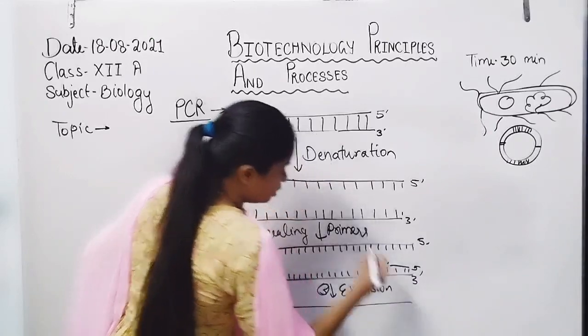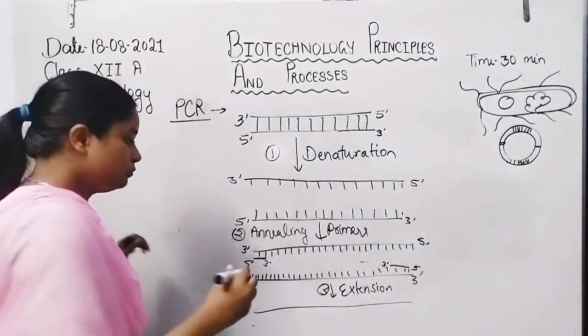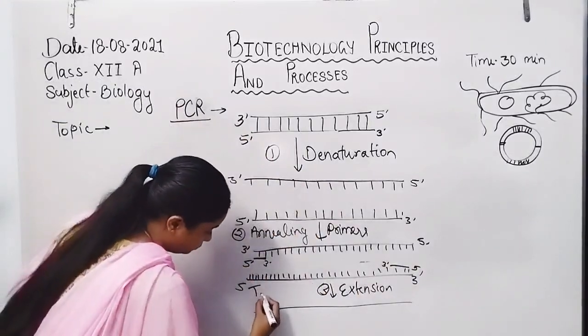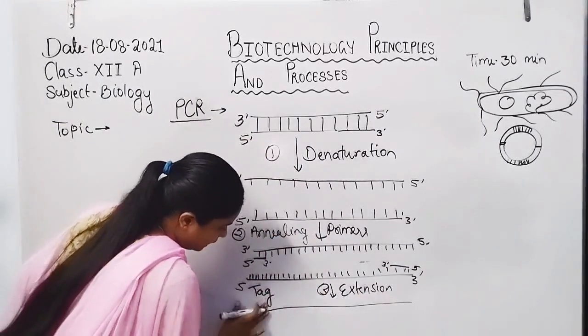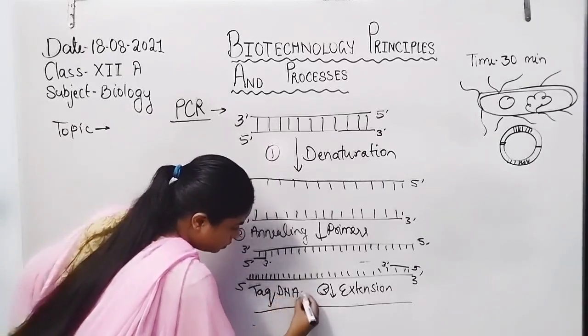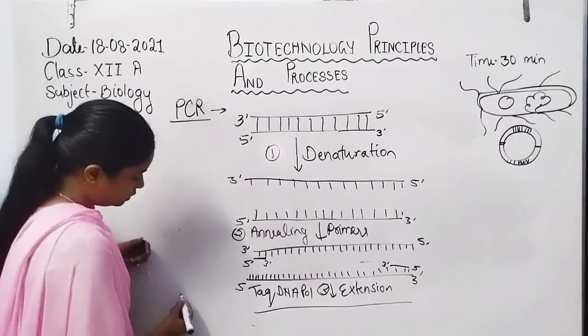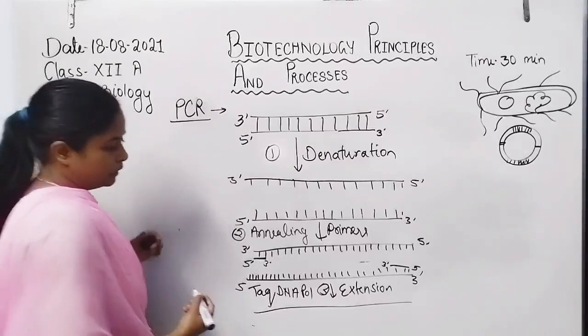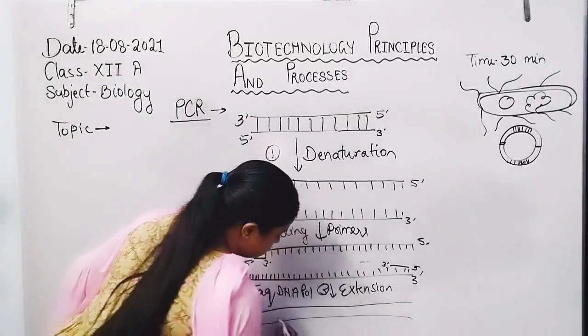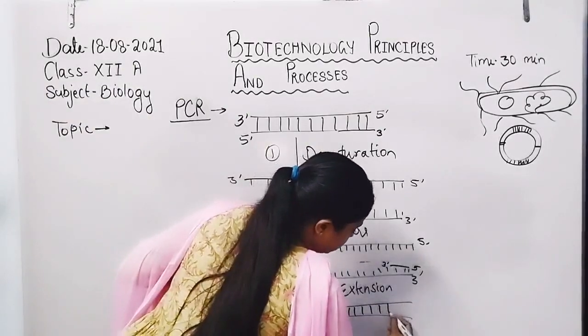So extension involves Taq DNA polymerase and deoxynucleotides, and after this the full strand gets synthesized millions or billions of times.